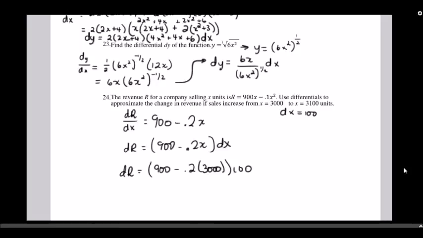Now 0.2 times 3,000 is 600. This equals 300 times 100, which is 30,000. The change in revenue is $30,000.